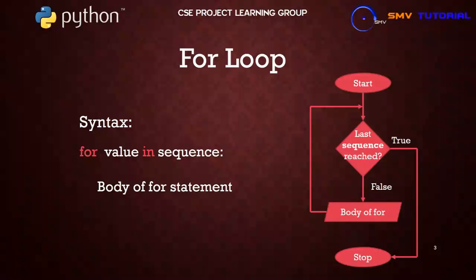The program starts. Next, the flow goes to check whether the last sequence item is reached. If that is true, it exits, and if false, the body of for is executed, continuously looping in this flow chart. This is the for loop.